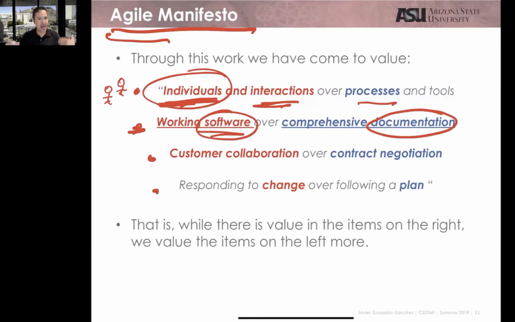Give me a demo of a beta version or almost done the project, working. I don't care about you showing me all these fancy diagrams that are going to become the project at some point. It's not that the diagrams, the documents are not important, but it's more important that you show me the software working.